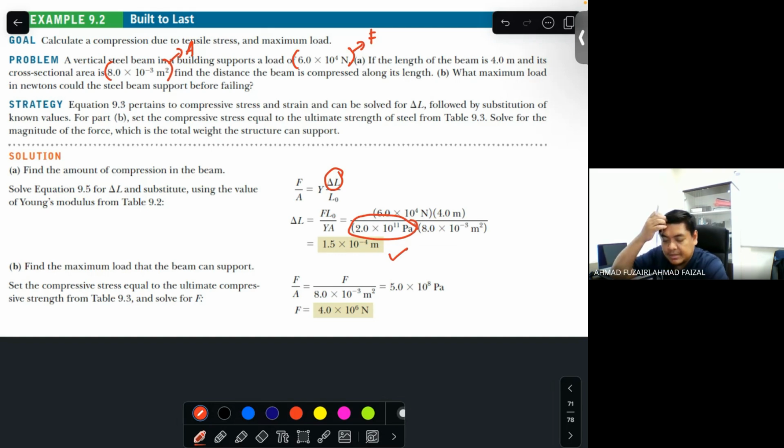That is for the maximum load before failing. Find the maximum load it can support: the compressive stress equals the ultimate compressive strength from table 9.3. Yes, we should refer to the table. From here we find the maximum load is equivalent to 4 times 10 to the power of 6 newtons.